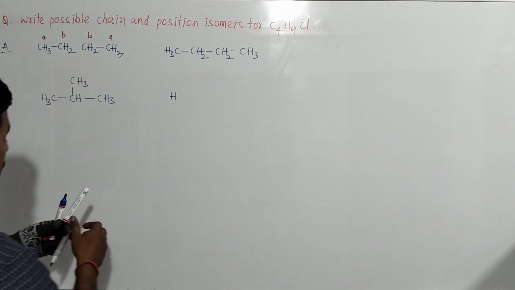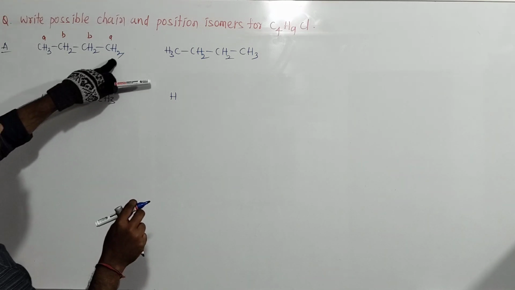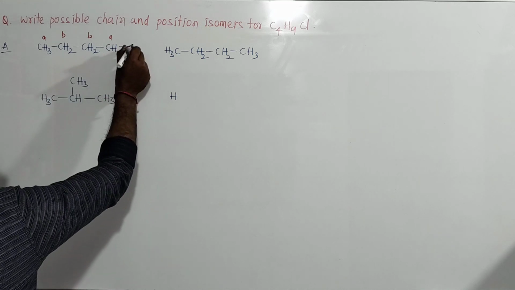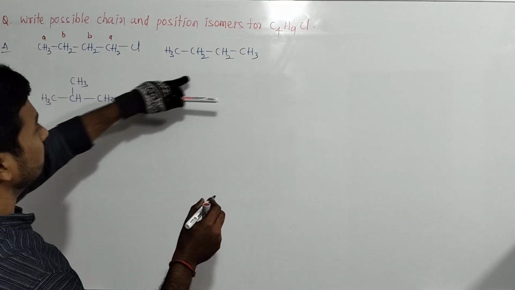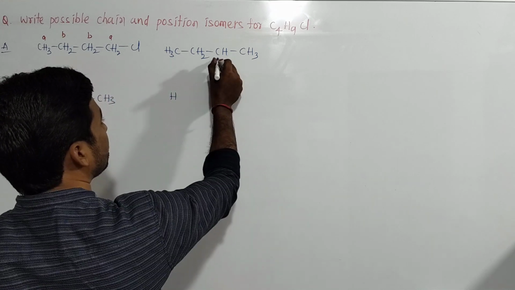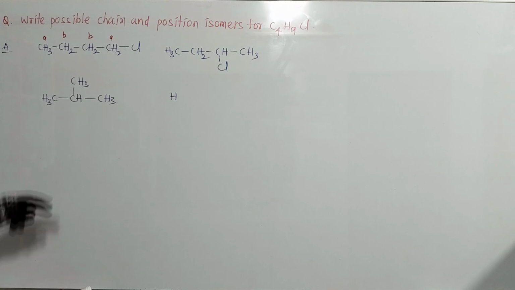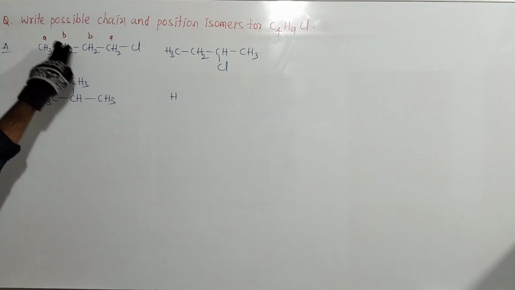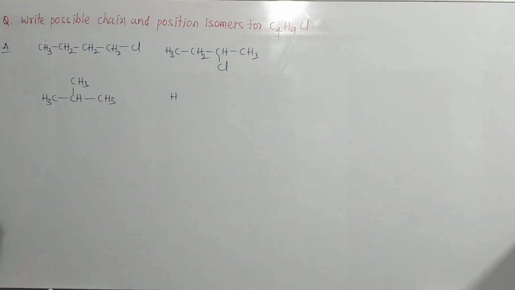If you remove A type of hydrogen, you get one type of chain isomer. If you remove B type of hydrogen, the B type hydrogen is replaced by chlorine. 2 types of isomers are possible, A type 2, B type 2. So 2 isomers are possible.